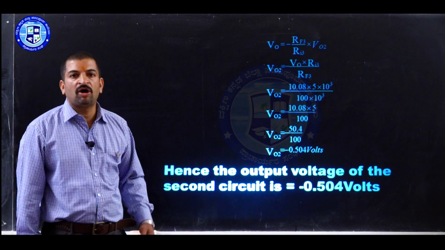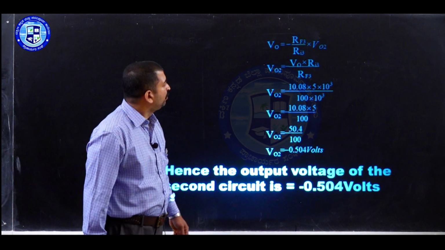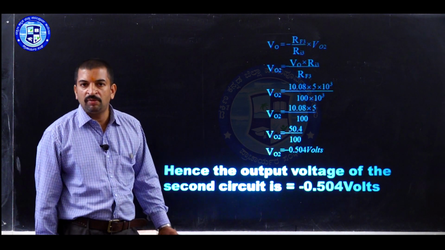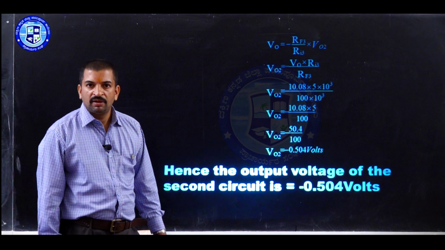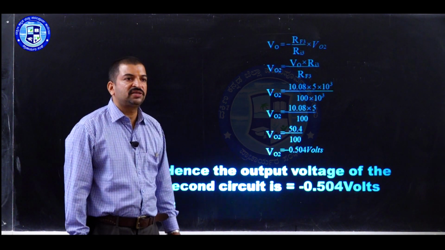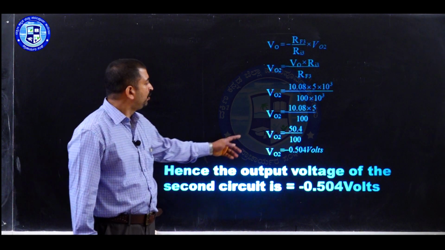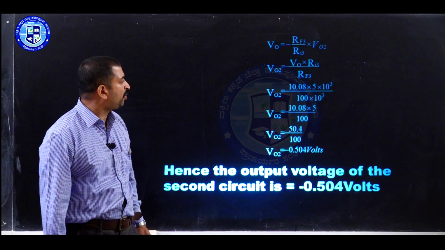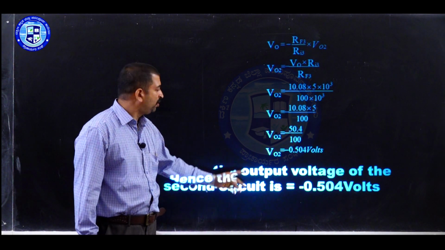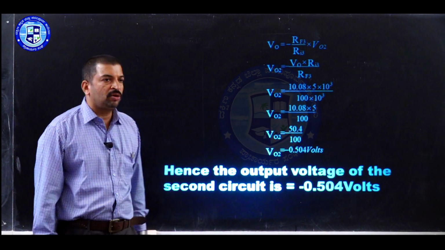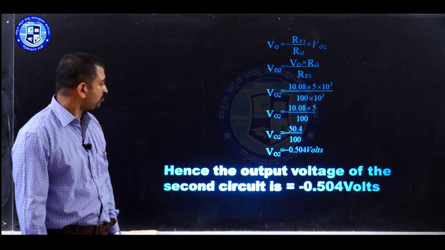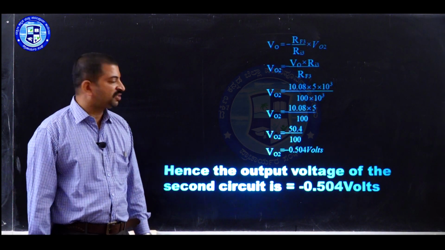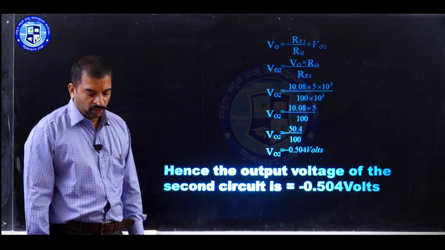Now VO2 is given by VO into RI3 divided by RF3, where RI3 is the input resistance of the third circuit, RF3 is the feedback resistance of the third circuit. So VO2 is given by 10.08, which is the output voltage of the circuit, into 5K divided by 100K. So the output voltage is equal to minus 0.504 volts. Now VO2 is the output voltage of the second circuit. It is equal to minus 0.504 volts.